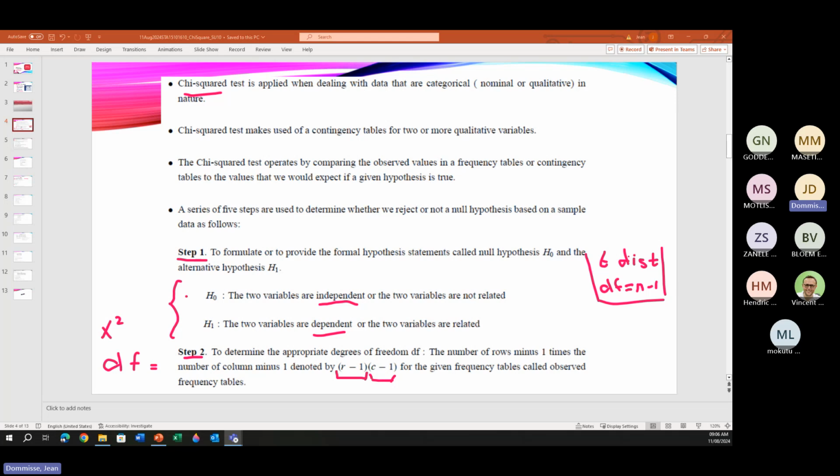So just be careful that in these 11 chapters that we're doing, there are 2 degrees of freedom that we work out. For the t-test, it is n minus 1, and for the chi-square, it is rows minus 1 times columns minus 1. Okay, so please remember that. So that's the second step.